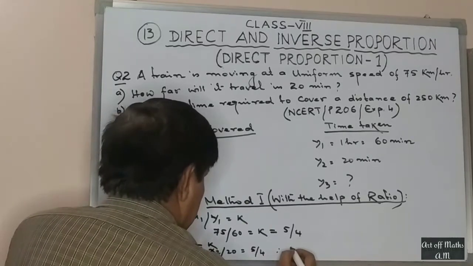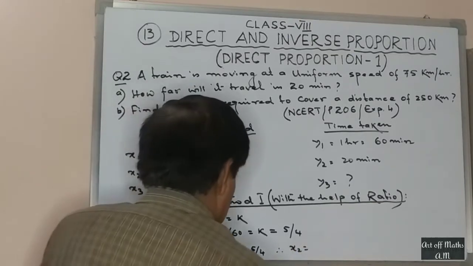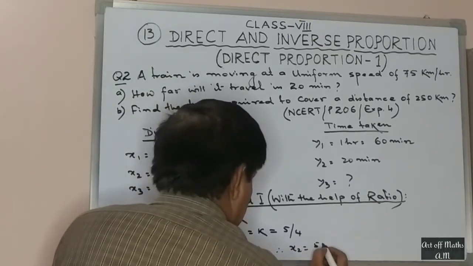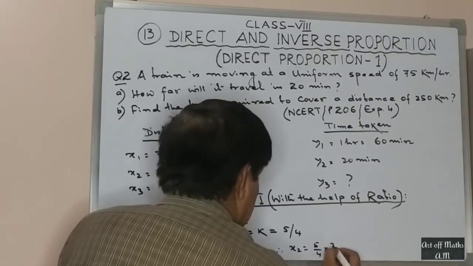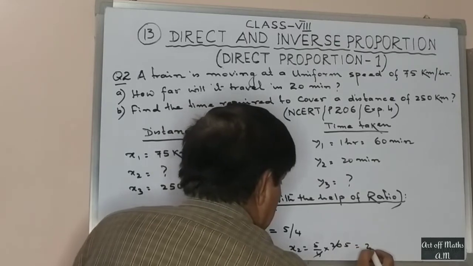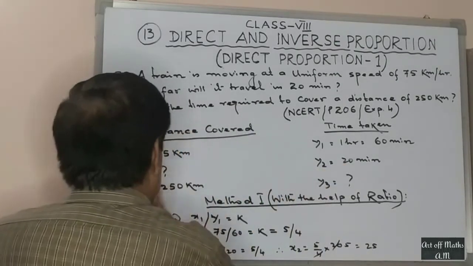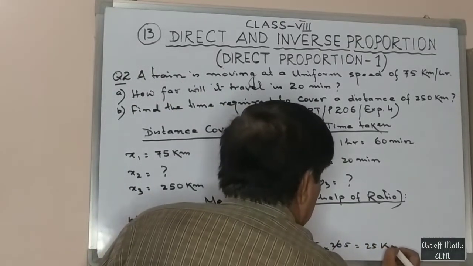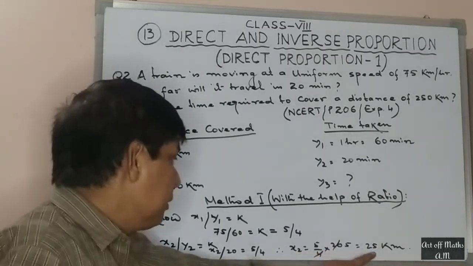Therefore x2 equal to 5 by 4 into 20, that is 25 kilometer. x2 is 25 kilometer.